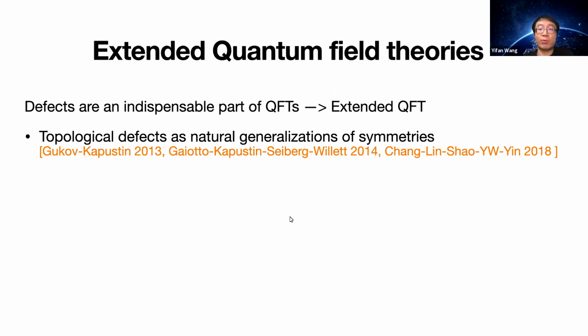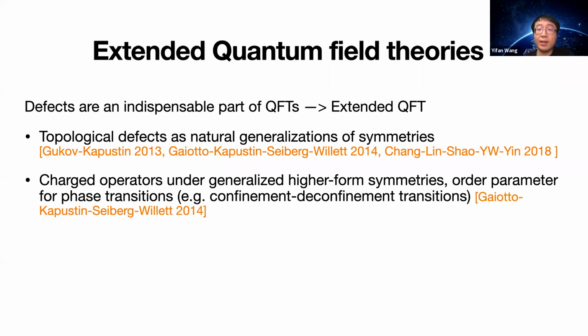This has been explored in a number of recent papers, including our work. And one particular kind of generalized symmetries are the so-called higher-form symmetries. For these symmetries, the charged objects are not going to be local operators. They have to be extended defect operators. Okay, so to see the effect of these generalized symmetries, you necessarily need to consider these defect operators.